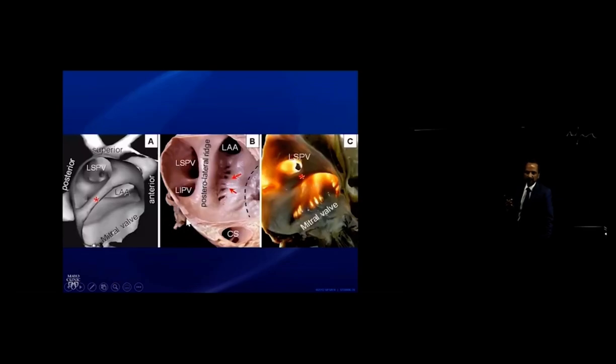Second thing to remember about this mitral isthmus region is, unlike the cavotricuspid isthmus, the mitral isthmus region has a definite epicardial surface. And that epicardial surface is the muscle of the coronary sinus. So the coronary sinus is something that we don't have an equivalent of in the cavotricuspid isthmus.